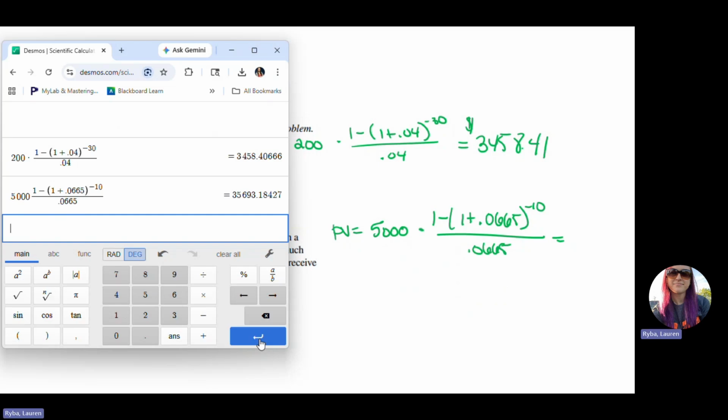So this says if I deposit today $35,695.18, I'll be able to make 10 $5,000 yearly withdrawals.